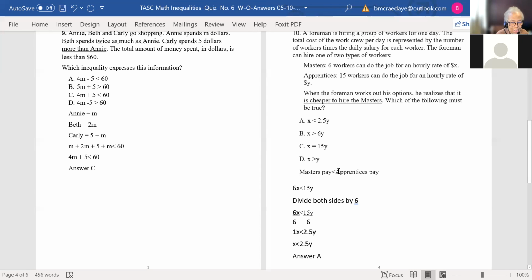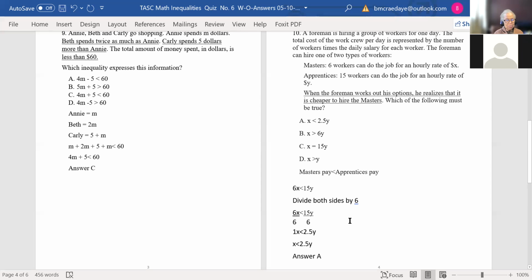So you just take these words and write them with the variables they use and the number of workers: the x hourly rate for the masters, y hourly rate for the apprentices. Because when he said it's cheaper to hire the masters, that means what he pays the masters is less than what he'll pay the apprentices. You got it?